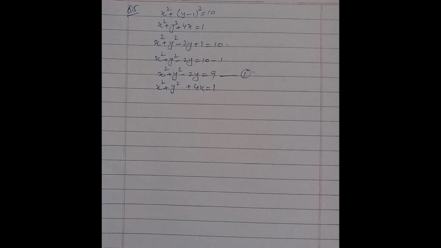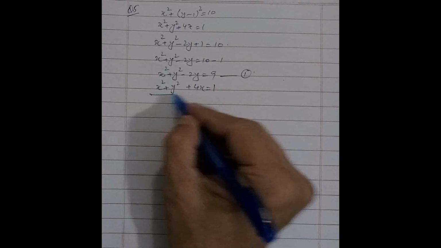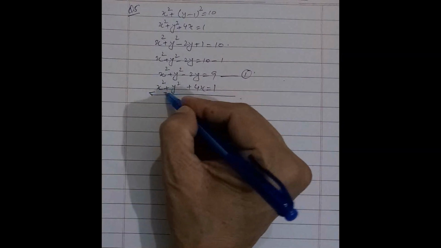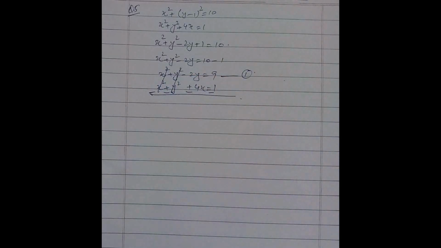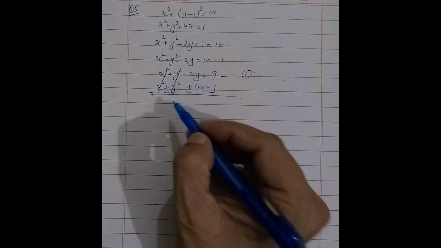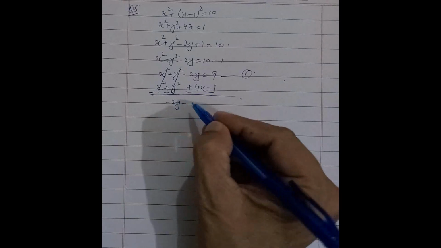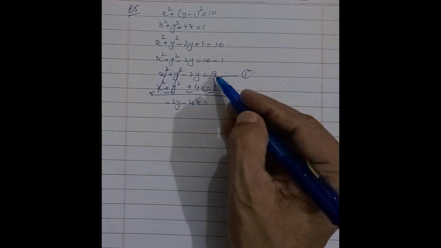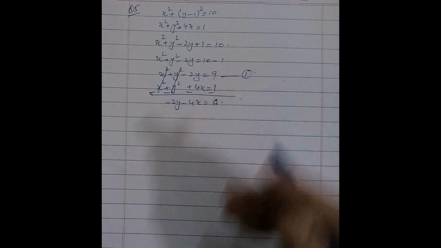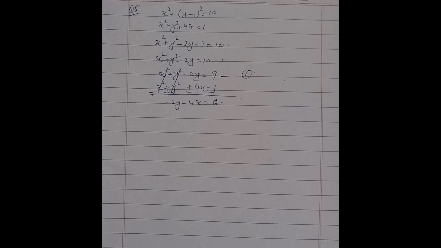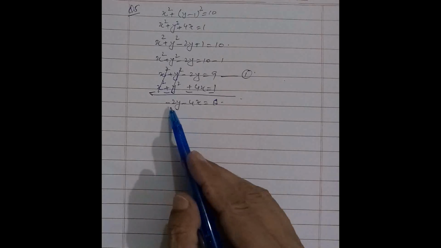Now we subtract these two equations. Minus, minus, minus and minus. These two values cancel each other. The other values are minus 2y minus 4x is equal to 9 minus 1, which is 8. And now we simplify these values.